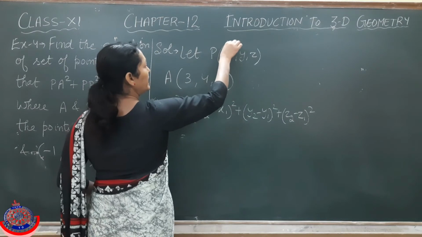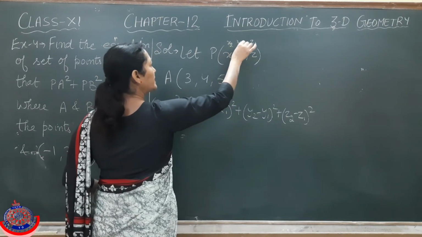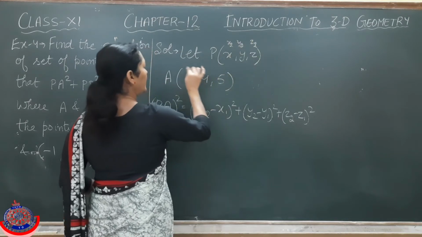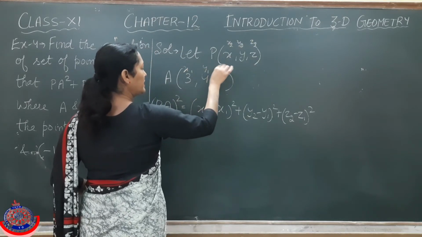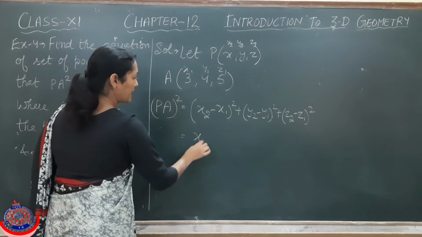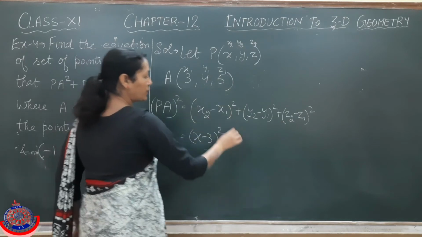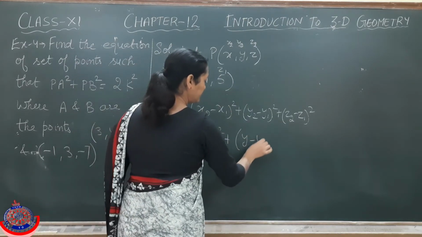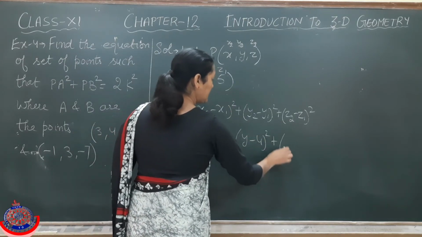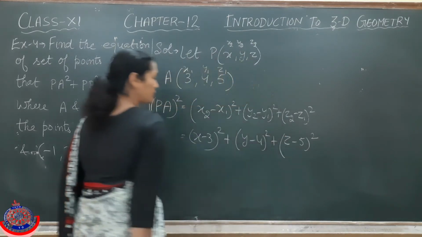So let this be x1 y1 z1, or you can mark it as x2 y2 z2 and x1 y1 z1. So x2 minus x1, this is x minus 3 whole square plus y minus 4 whole square plus z minus 5 whole square.